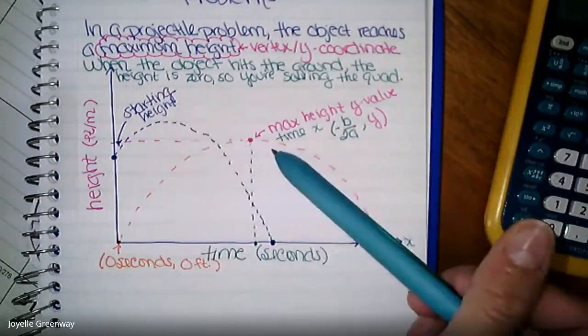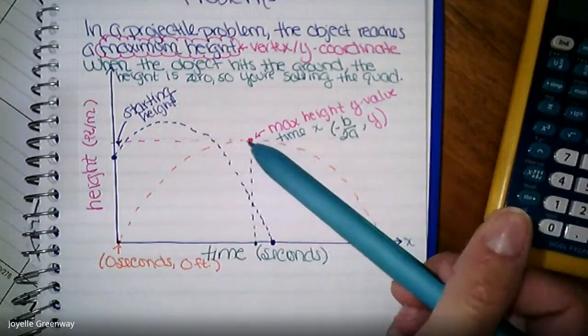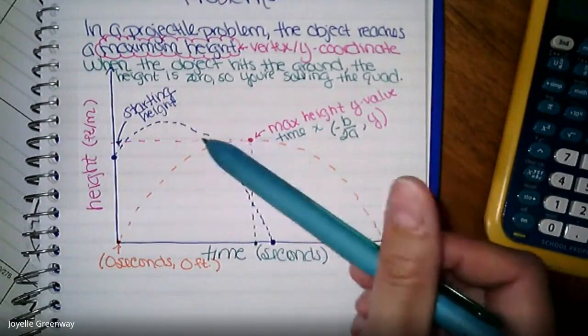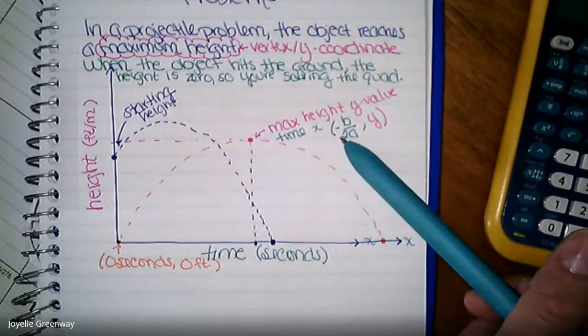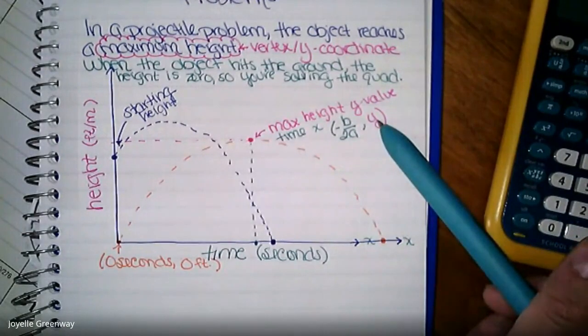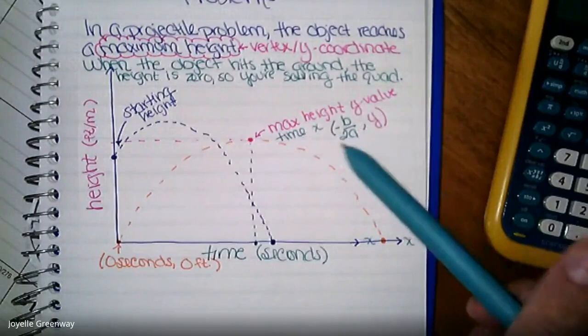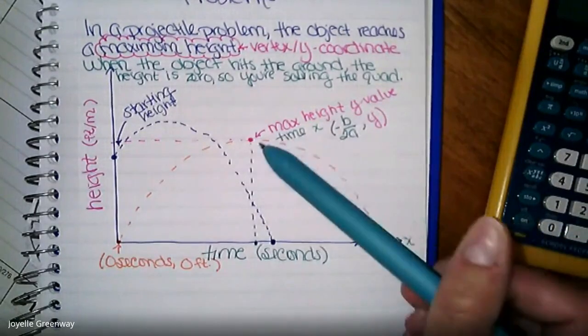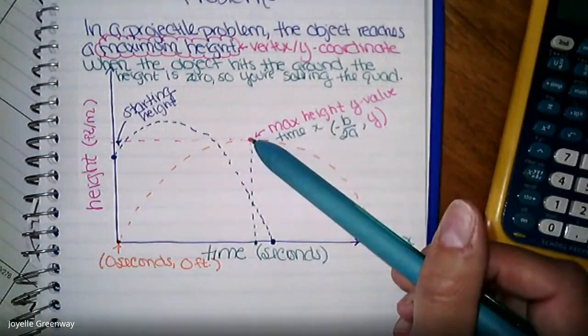So for max height, if they're asking for the actual height, you would use negative b over 2a for your x coordinate, and then substitute that in for the y. Remember, negative b over 2a tells you the time it took for the object to reach the maximum height.